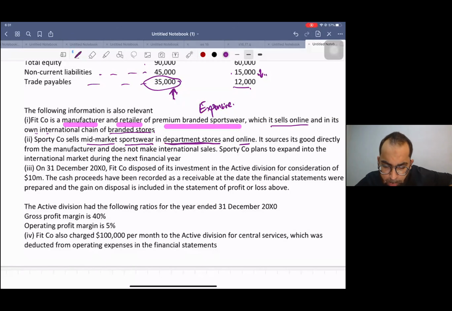Sporty company doesn't own any shops. They just supply the products to departmental stores so that they can sell. So in this way, their cost structure may be lower. They are not running their own branded stores.